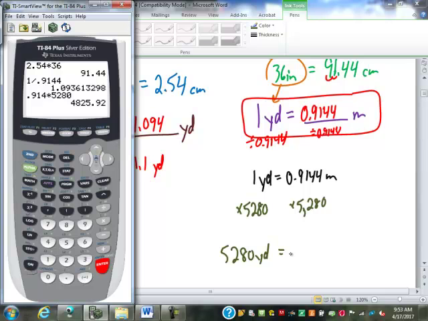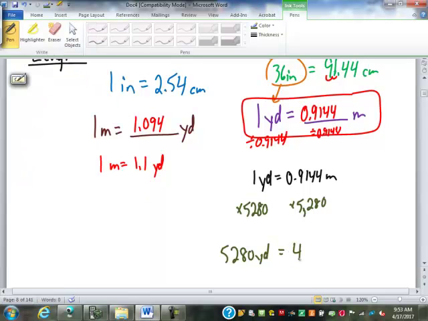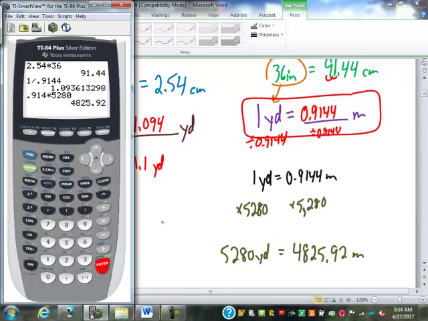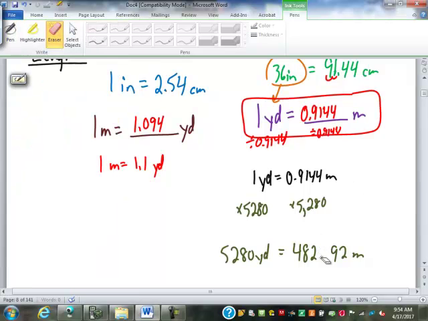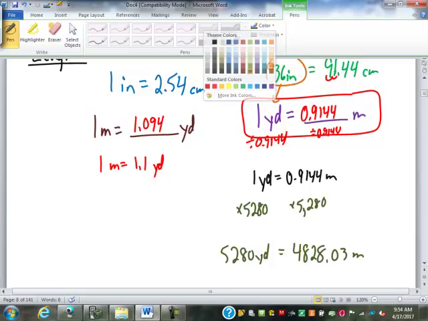Perfect. 4825.92 meters. Now let me try that again. 9144. 4828.03. That looks better. Thank you.